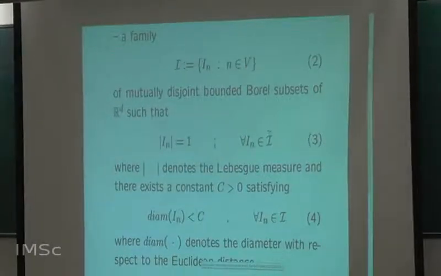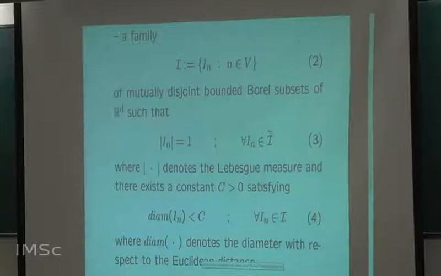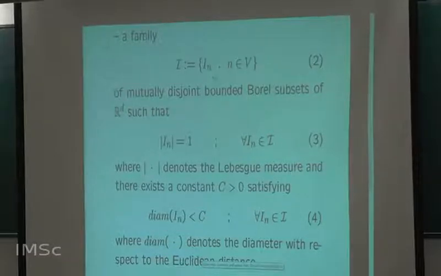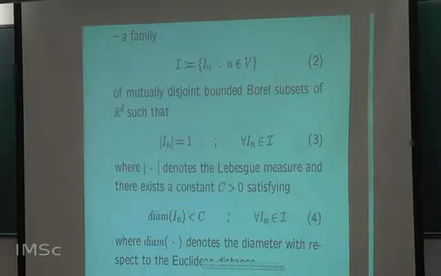Then, remember this will be the last notation we introduce, I recall from the previous lecture, we introduce a family of subsets of V, and typically in the standard central limit theorem, these are the intervals from n minus 1 to n.